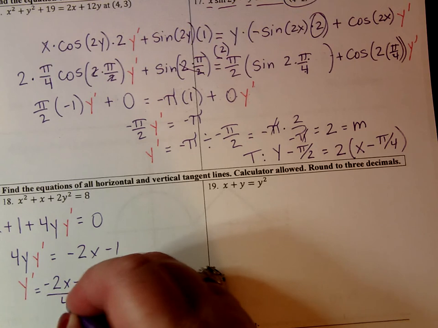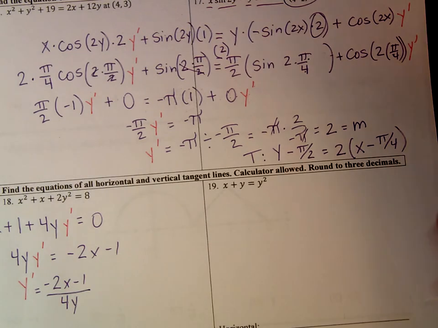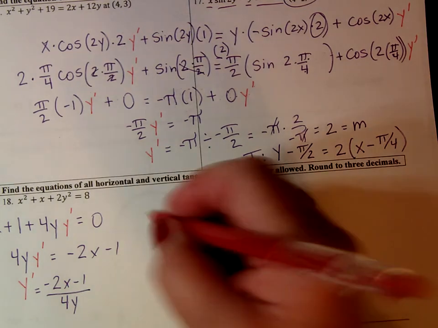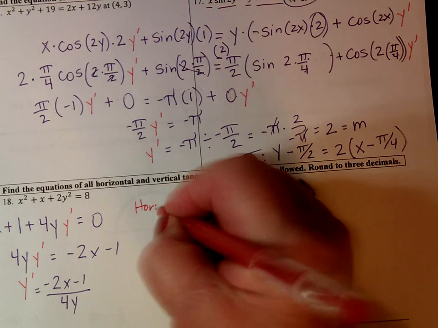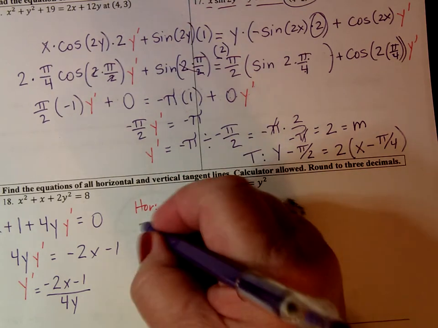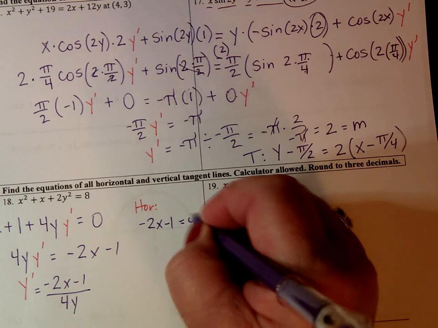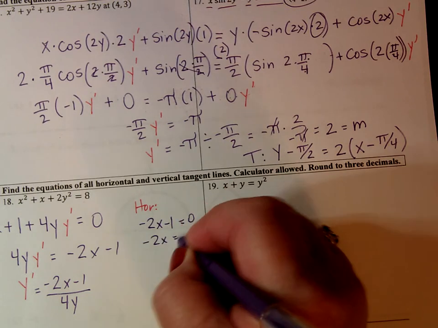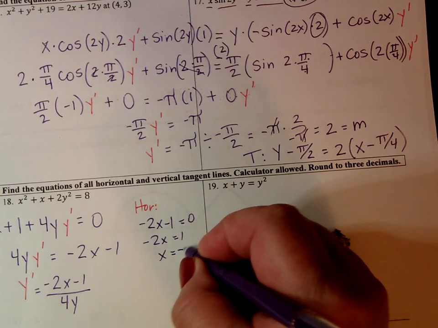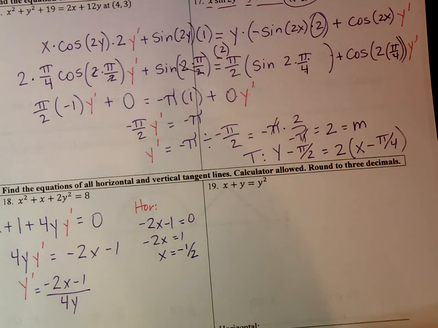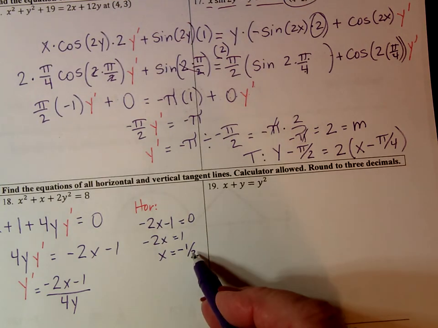Again, horizontal, I set the numerator equal to 0. Horizontal, negative 2x minus 1 equals 0. Negative 2x equals 1. X equals a negative 1/2. Well, that's not the answer to the question. It's go back and plug that into the actual function that you started out with.